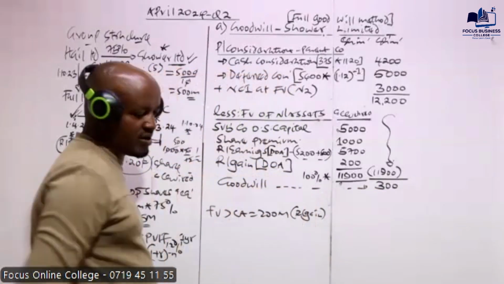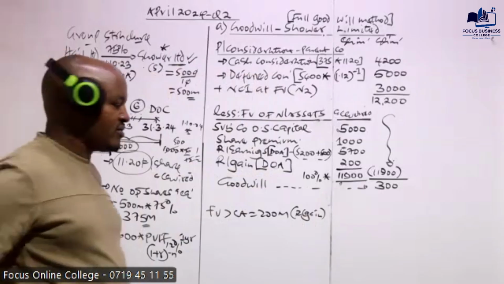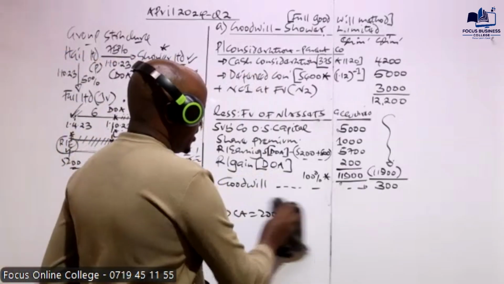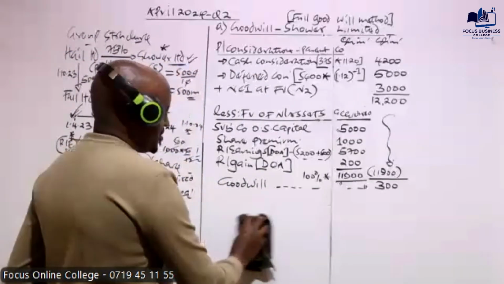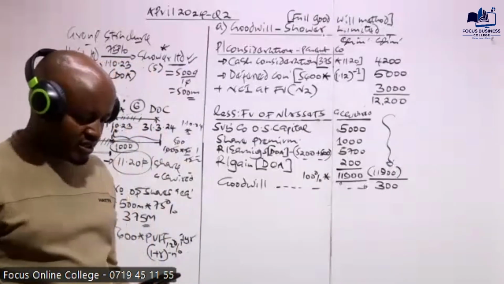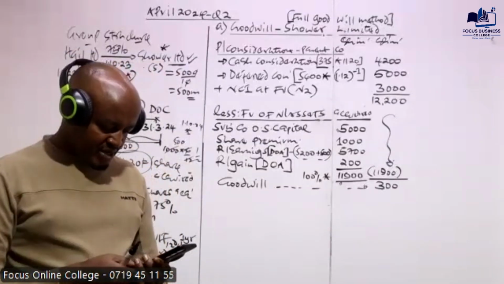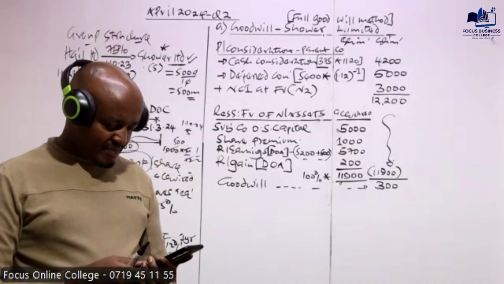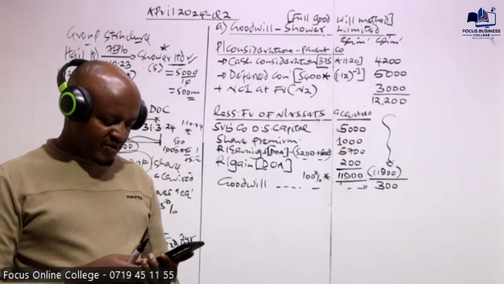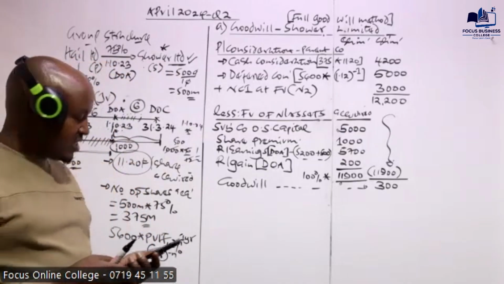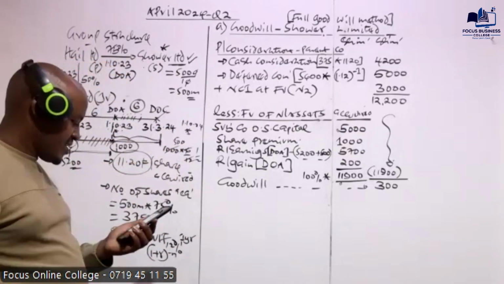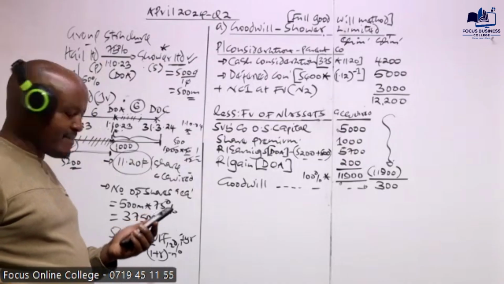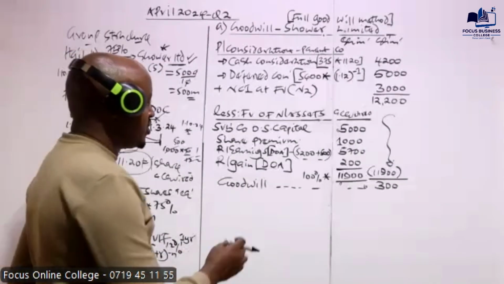Now, in this case, we need to check whether we are given any information about impairment. Was this goodwill impaired? That has to be part of the additional information. Yes, and I think we are given some information with respect to that in note number 4. We are told the impairment test, which was performed on 31st of March 2024, which is the end of the year, reveals that no impairment was suffered. So this goodwill was not impaired.